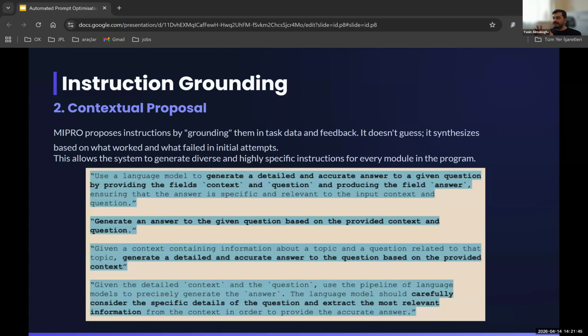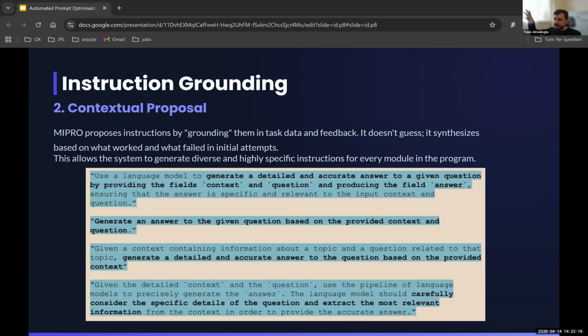It also gives the language model some idea about the program itself, and about some successful cases so that it can understand what's going well. The key idea here is, I think, the grounding. It basically understands the task to set the context for the optimization.